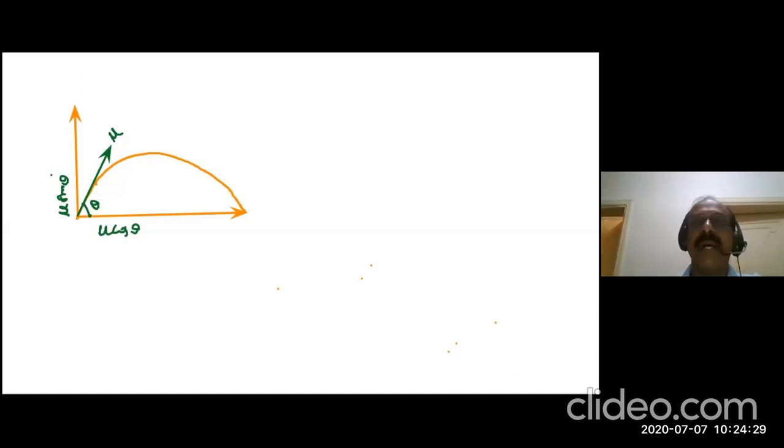The maximum height it goes, from here to here, this is the maximum height h. We get it from this graph. Here, horizontal velocity is not 0, but vertical velocity Vy is equal to 0.